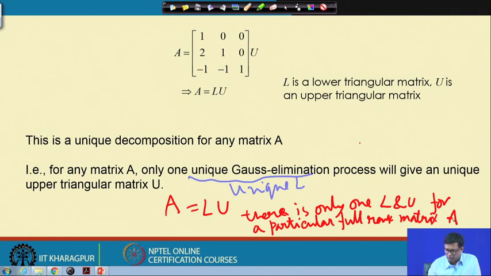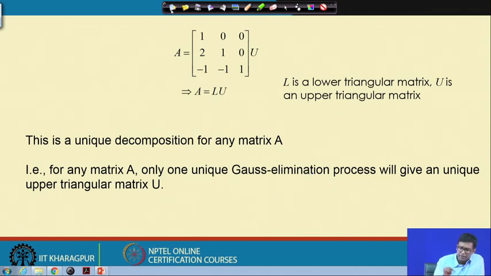There is only one lower triangular matrix and only one upper triangular matrix whose product can be written as A is equal to LU. For any A, this factorization is unique; there is no other possible combination for any particular matrix A. This is important: if the matrix can be solved using Gauss elimination, there will be only one LU decomposition possible.